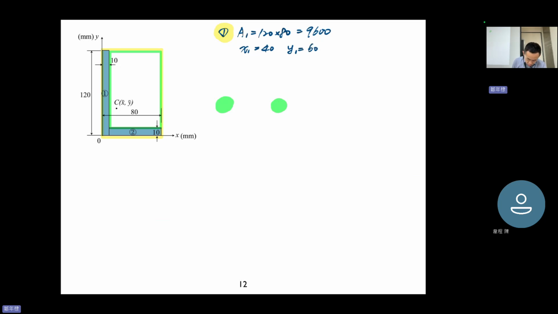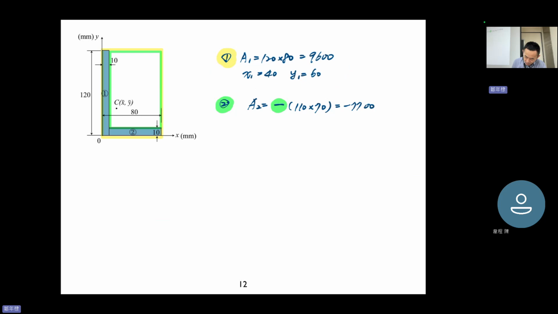and A2 equals minus 110 times 70. That's important because there's nothing there, but your yellow area determined that, you included that. So you need to cancel it. Okay, so your X2 equals 45 and Y2 equals 65.